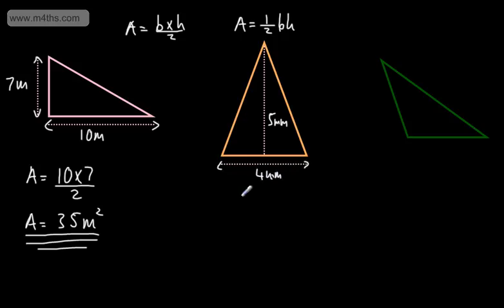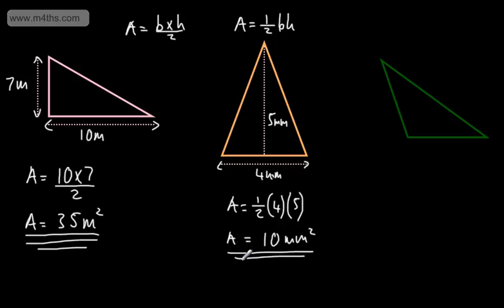So the area is 1/2 times 4 times 5, which gives us 10, and it will be millimeters squared. So the area is 10 millimeters squared.